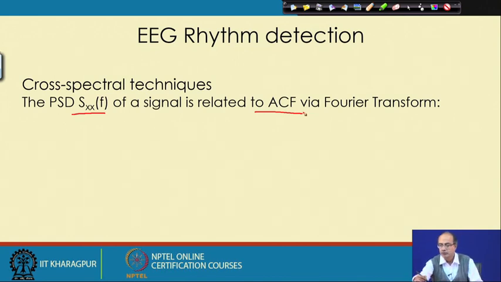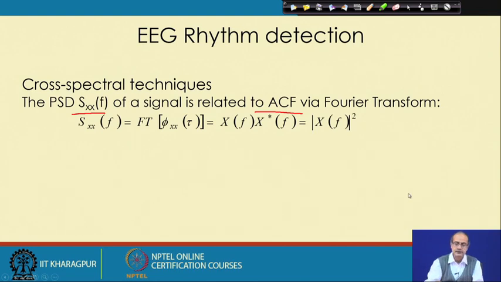Okay. Now, this is the formula that is given. We can take the Fourier transform of the autocorrelation function, or simply we can compute the Fourier transform of the signal and take the dot product of that Fourier transform and its conjugate.